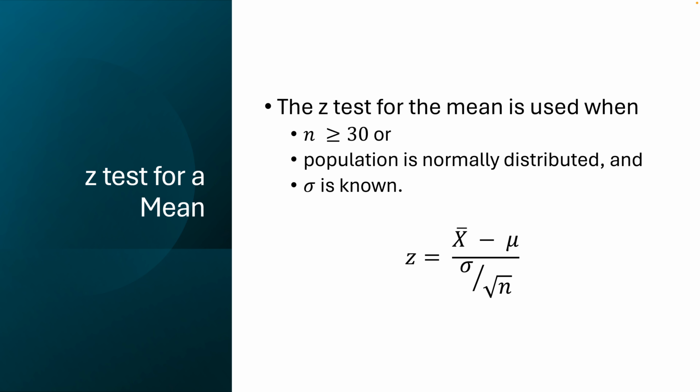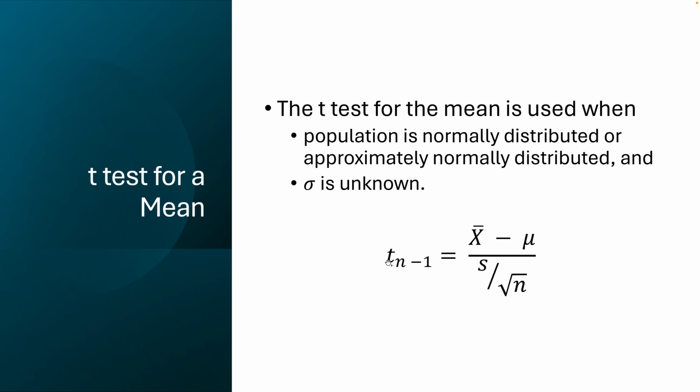In case any of these conditions are not met, we may use the t-test. We will use it when the population is normally distributed or approximately normally distributed, the sample size is not greater than 30, and sigma is unknown.